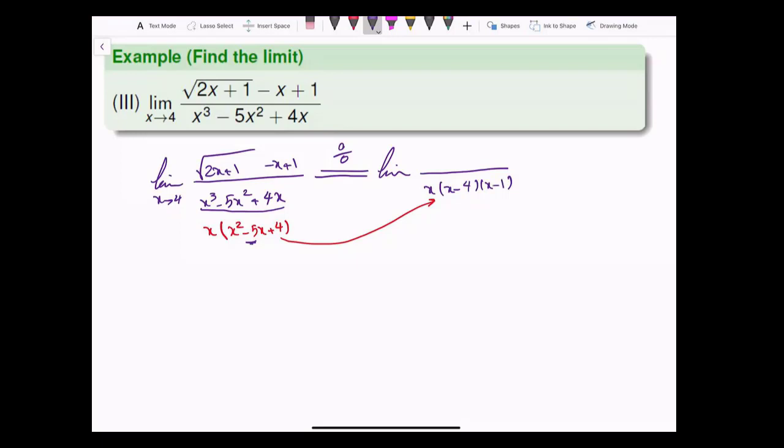In the numerator, we have a rational function. When you're dealing with rational functions, it's not easy to factor out the vanishing factor.